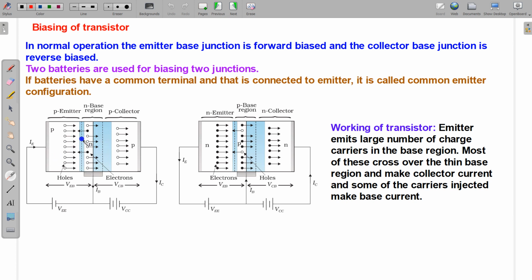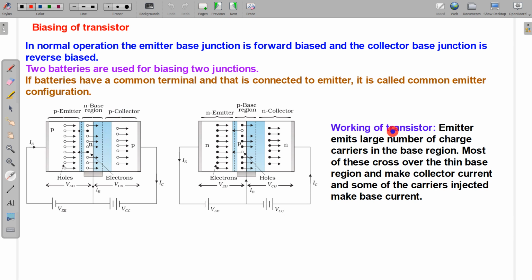When these charges reach the base region, since the base is a very thin region and we have reverse biased this junction, these positive charges are pulled by the reverse biasing, since the negative terminal attracts these positive charges. So most of the holes which reach the base are collected by the collector. The names are given like that.